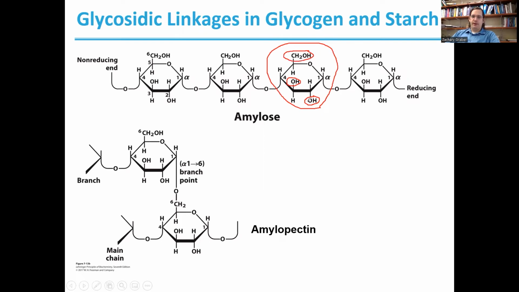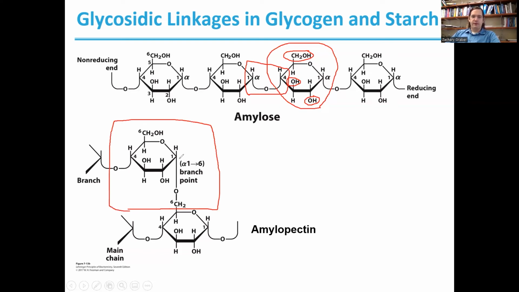So we always end up with this alternating pattern of our hydroxyl groups. So here are the alpha 1 to 4 linkages that create the linear chains of our amylose, our amylopectin, and glycogen. And this is what our alpha 1 to 6 branches will look like for our amylopectin and glycogen.